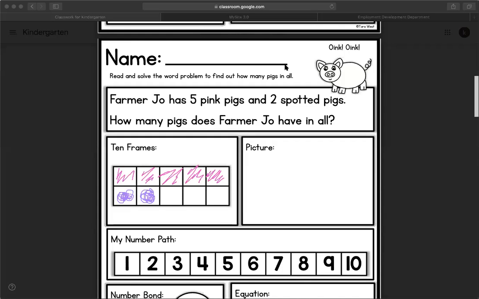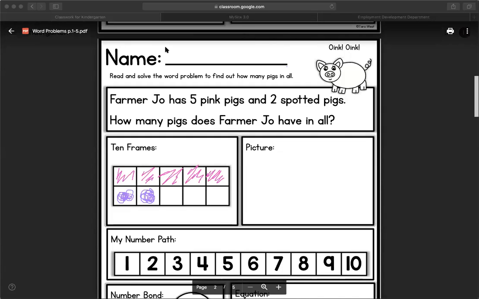Brown. Okay. And then now we are going to use a picture method. I'm going to draw my 5 pink pigs.